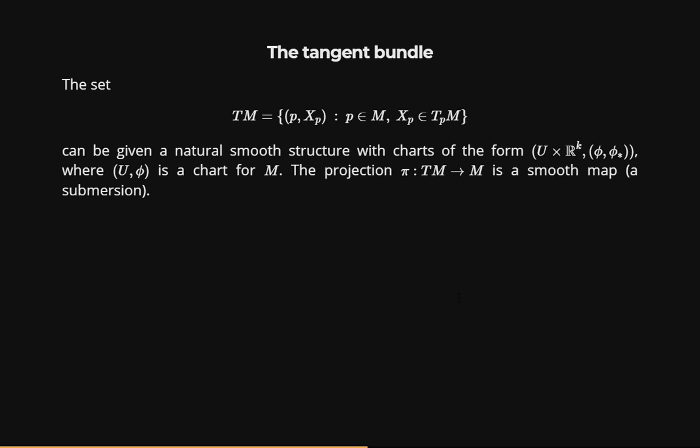Well, the charts are sets of the form U times R^k, and the map is phi star, the one from the previous slide. Now you just have to check that everything goes smoothly, that different charts are compatible and whatever. And the projection is a smooth map.